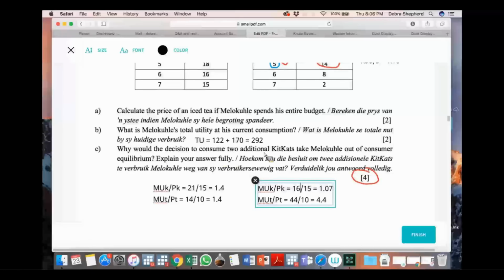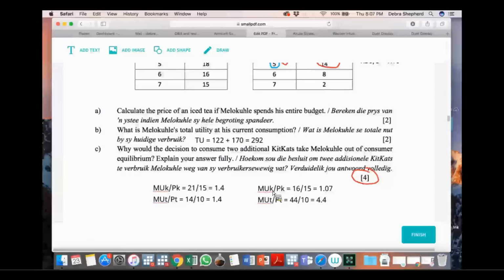If you increase Kit Kat consumption by 2, it's going to take you to 6 Kit Kats. That means your marginal utility of the last Kit Kat divided by what you spent on that Kit Kat is going to be 1.07.